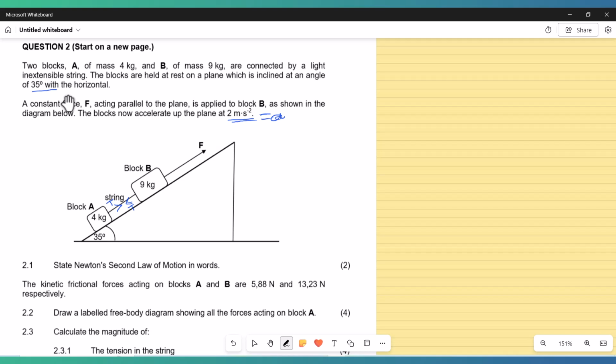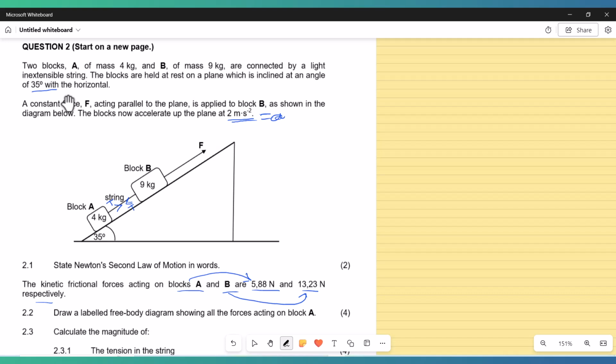Next question. The kinetic frictional forces acting on blocks A and B are 5,88 and 13,23 newtons respectively. Meaning for block A it is 5,88, and for block B it is 13,23. That's what respectively means.